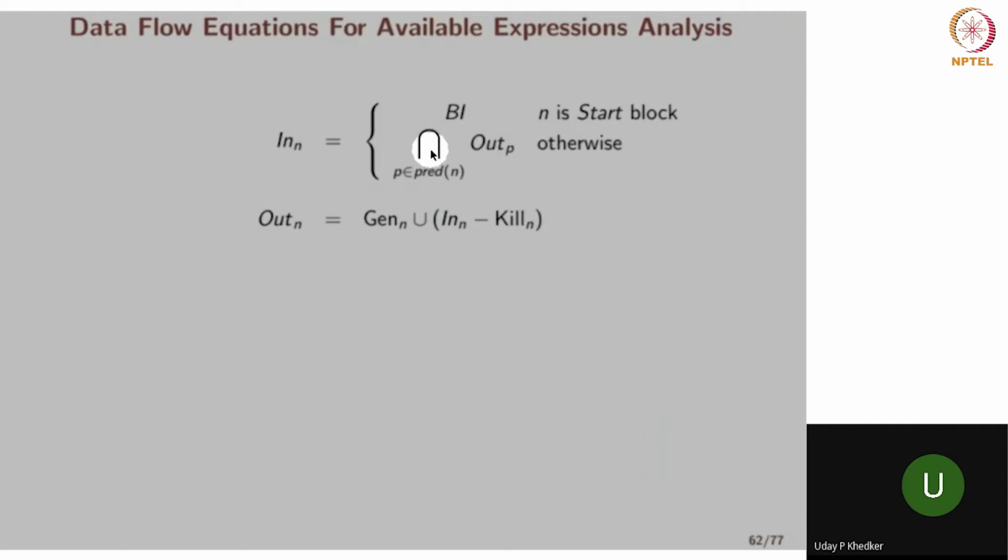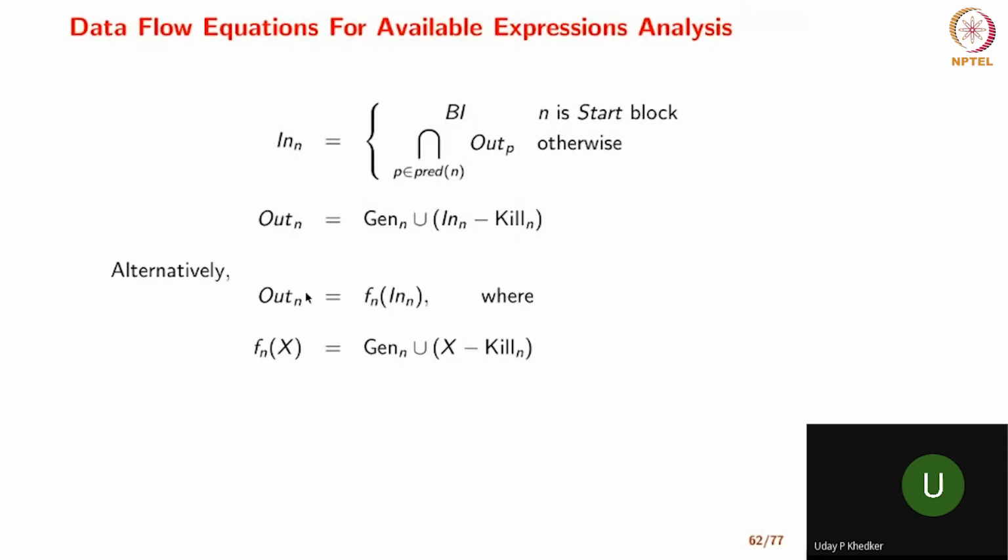But you see the form still remains the same. And now we compute out of n as the expressions whose availability is generated within the basic block, and we remove those expressions from the entry of the block whose availability is killed by this particular basic block.